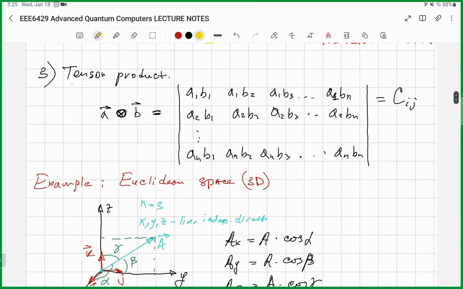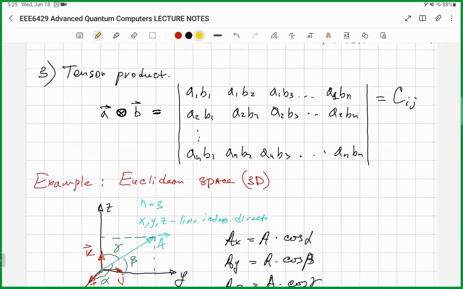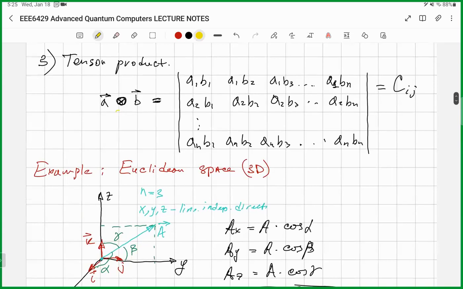And the third product is the tensor product, denoted by the sign here, a cross in a small circle. As a result of a tensor product, we get a tensor, represented in the form of a matrix, like shown here.